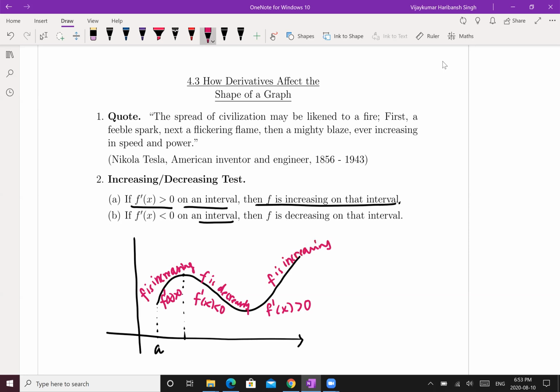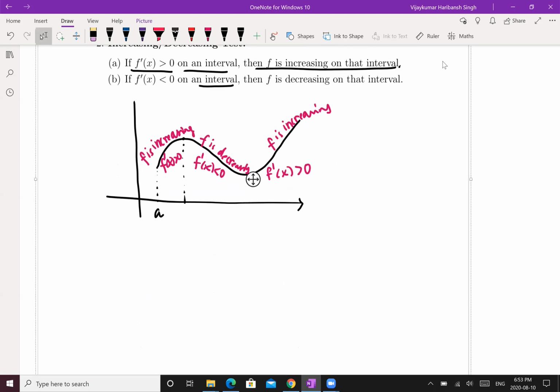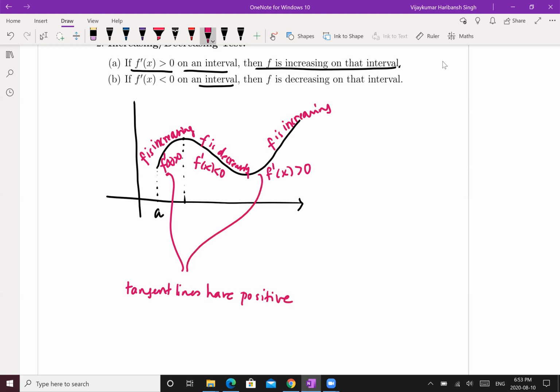So derivative greater than 0 means the function is increasing. Derivative less than 0, the function is decreasing. What is the reason for that? There are many ways to look at the same thing. As you can see here, the tangent lines have positive slope here and here as well.